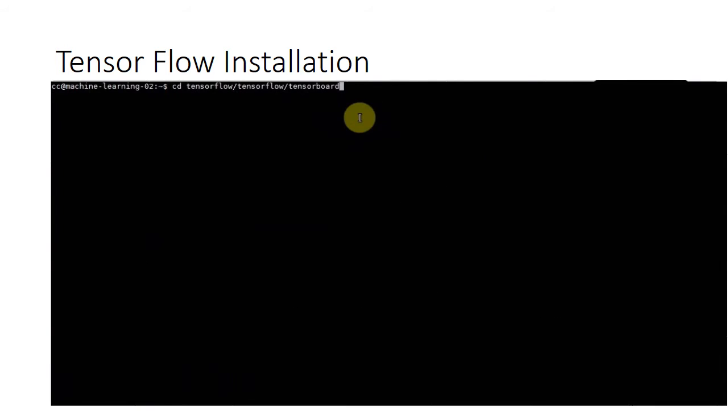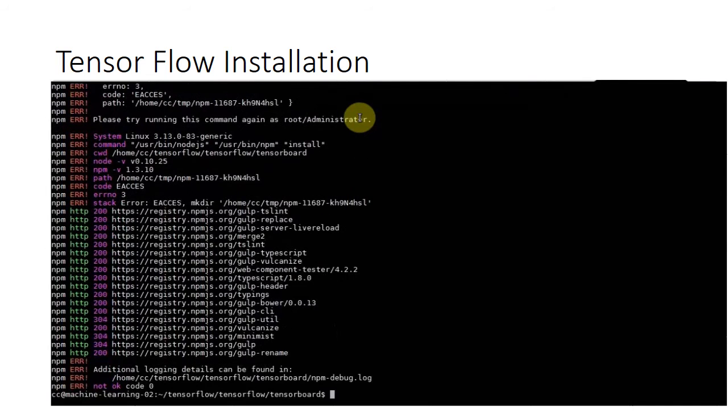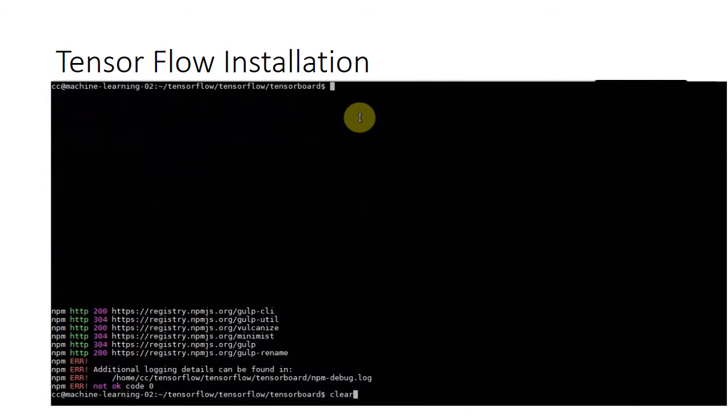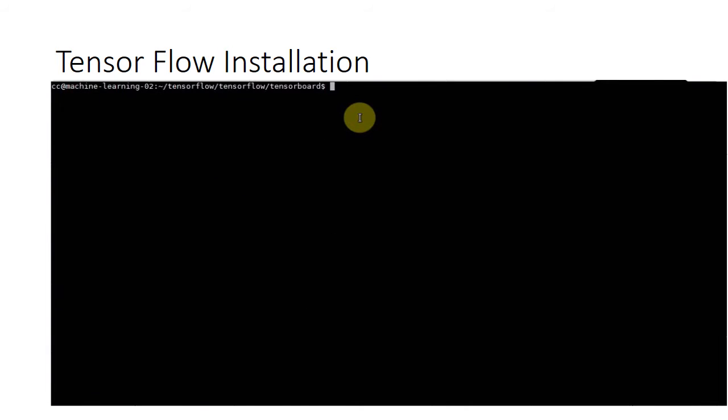So now let's navigate to TensorBoard, and in here let's install npm. Okay, and now let's install Bower.